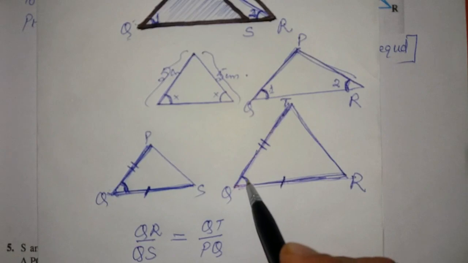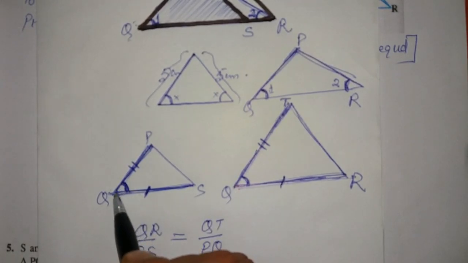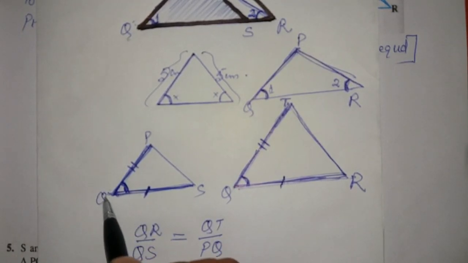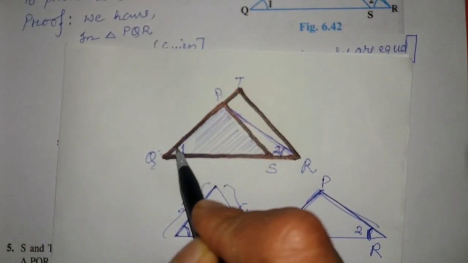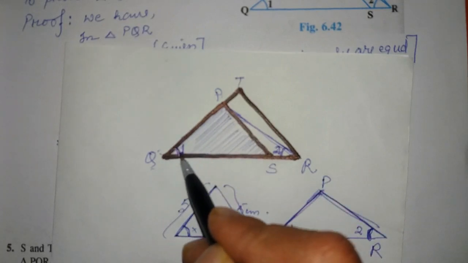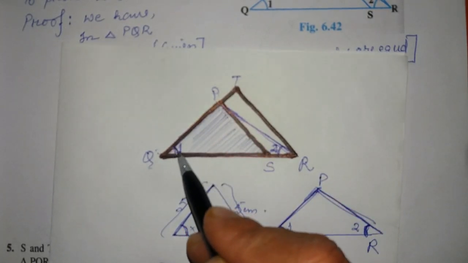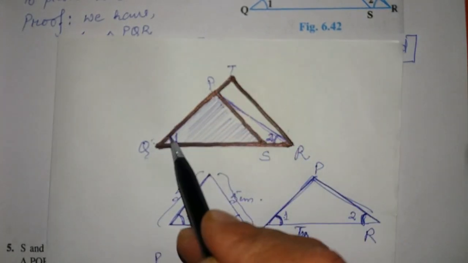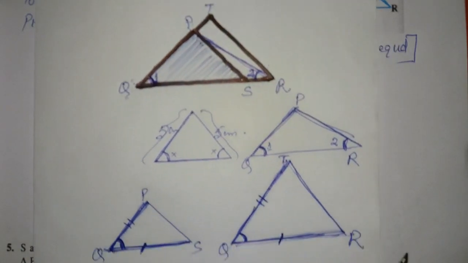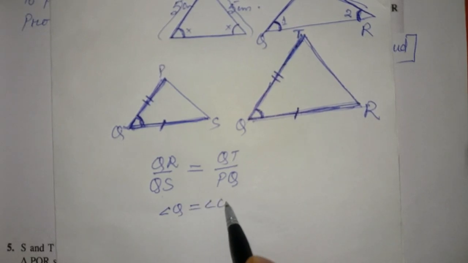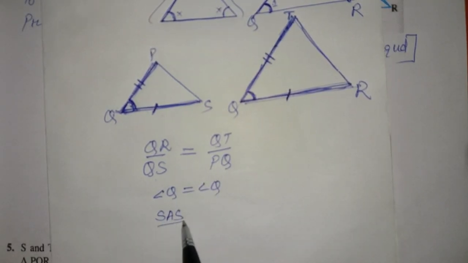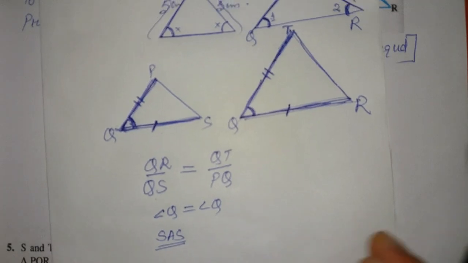These two angles are equal because this is angle Q, this is also angle Q, the same common angle. This Q is for this triangle also, and this angle Q is for this triangle also. Angle Q is common to both triangles. So angle Q is equal to angle Q. Therefore by SAS similarity, these two triangles are similar.